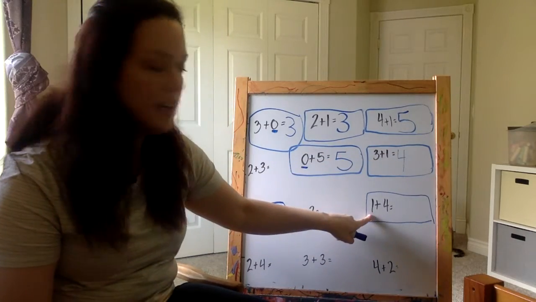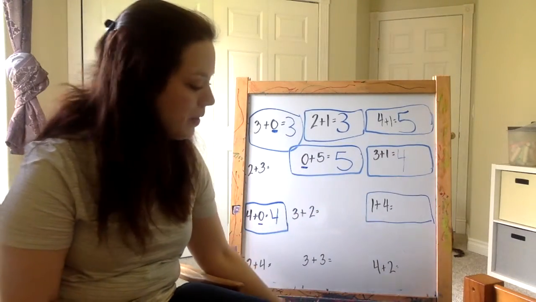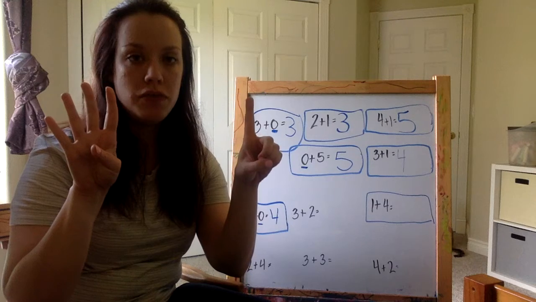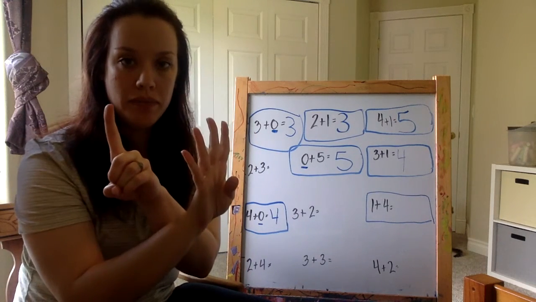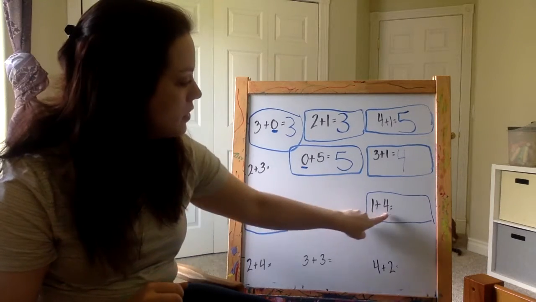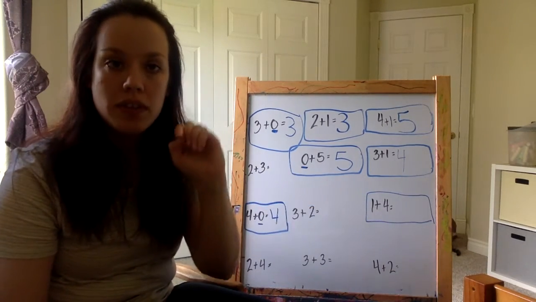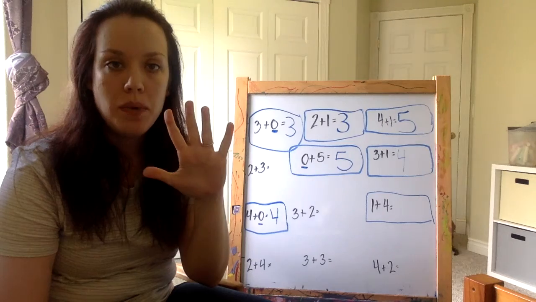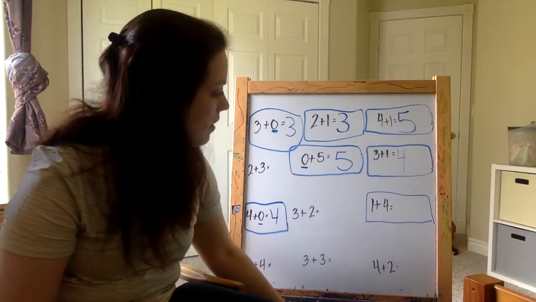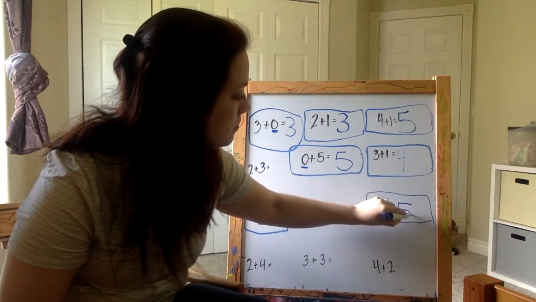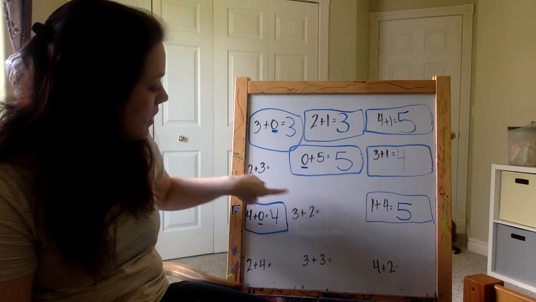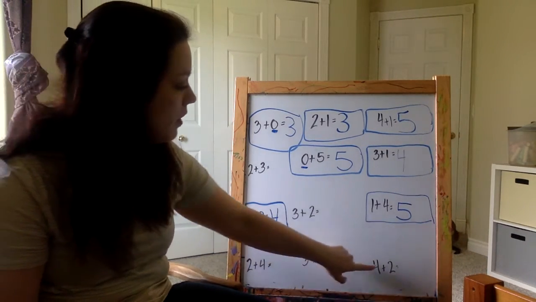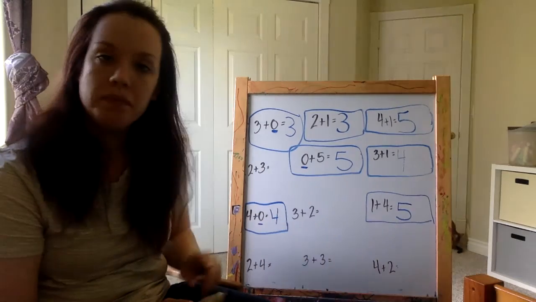And our last one here is 1 and 4 more. But remember, just like we can do 4 and 1, we can do 1 and 4. So I'm going to go ahead and switch those. I'm going to do the bigger number first. 4 and 1 more makes 5. Okay, when you're done with all that, I really only have 1, 2, 3, 4, 5 more problems to go.